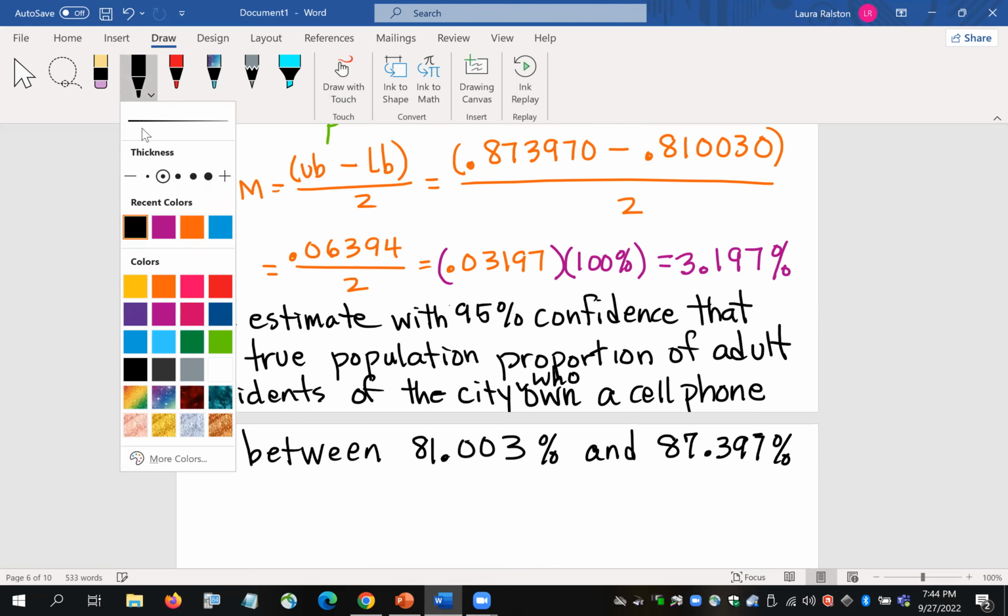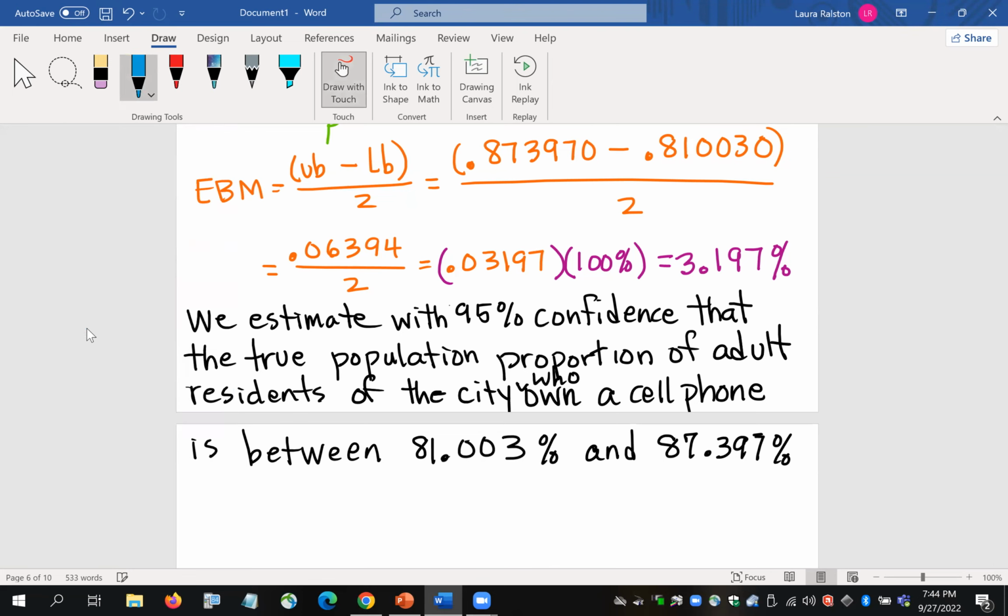Now, guys, you should be able to take a decimal and convert it to a percentage.